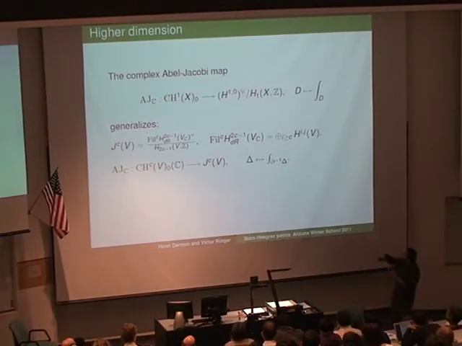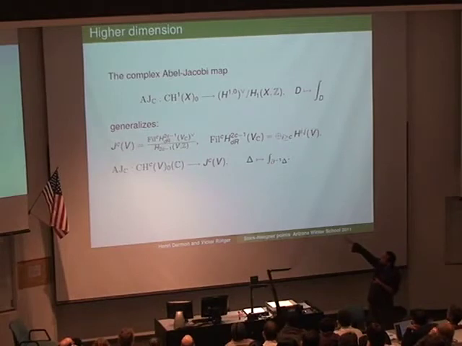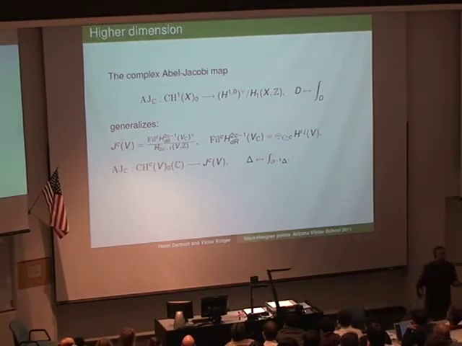So just take any chain. Since this is homologous to zero, this means that this is the boundary of something. Take any of these chains whose boundary is delta and integrate against any of the forms in this vector space. So this is well defined. If this is the first time you see this, spend some time at least looking at how all the definitions match and make sense. And this gives you the Abel-Jacobi map.